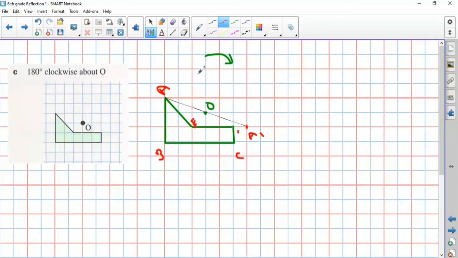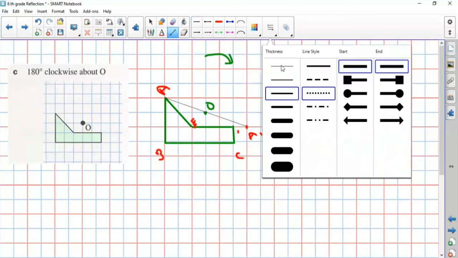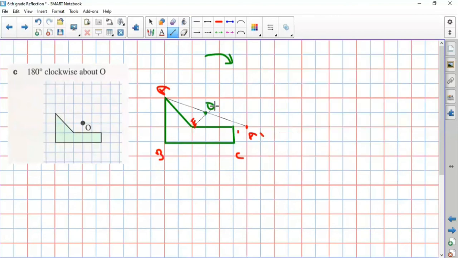Okay, in the same way, we can continue with the other lines. So point E, 180 degree clockwise, it means in this direction, will come here. Point B, again, it must pass through point O, will come here.